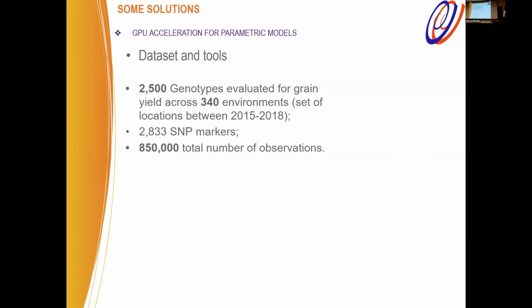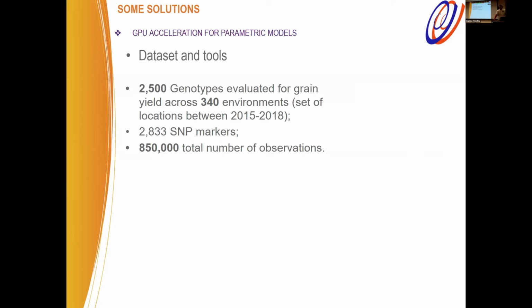So he took a large data set of 2,500 genotypes tested in 340 environments, soybean data. All the genotypes tested in all the environments, for a total of 850,000 data points. When I started working with Dr. Lawrence many years ago with soybean, for me it was a dream trying to model all of the data. We now have in soy about 60,000 data points.